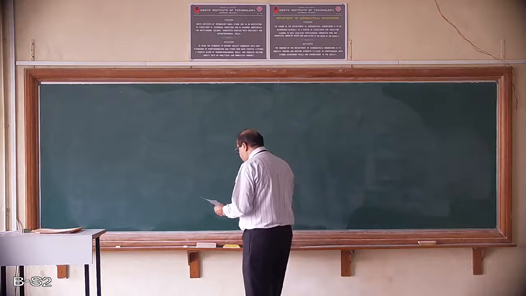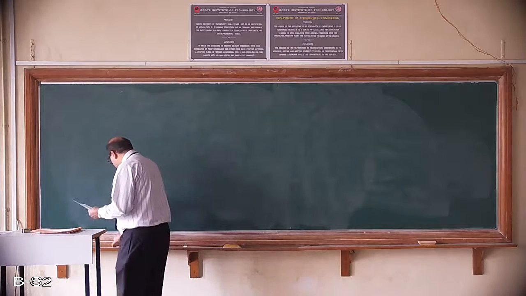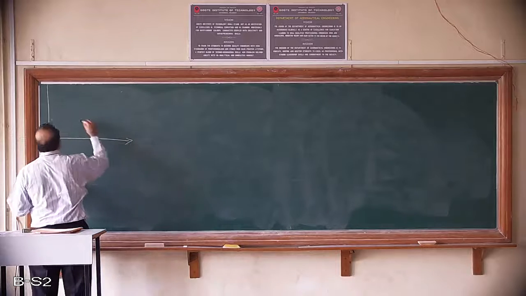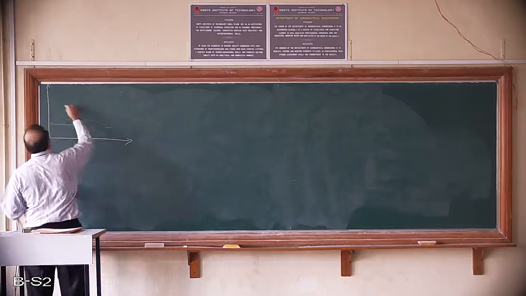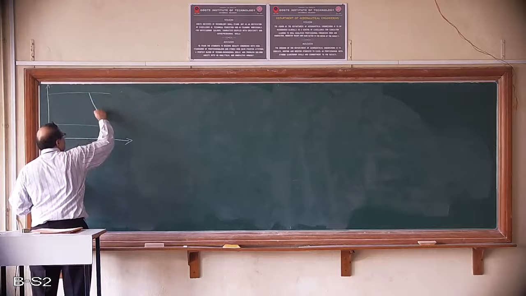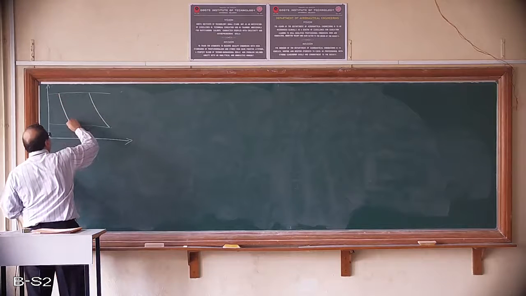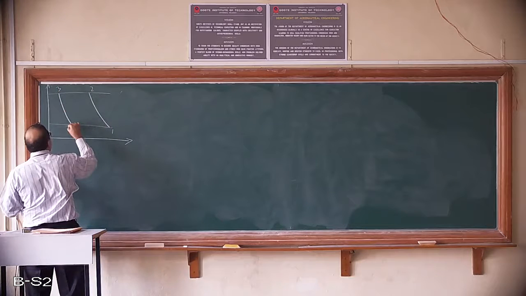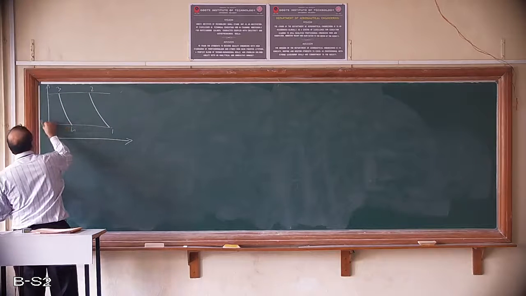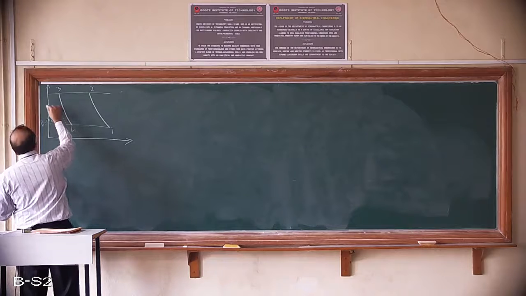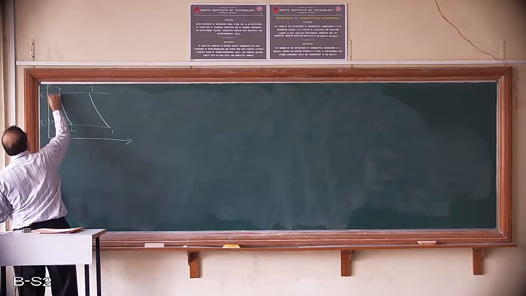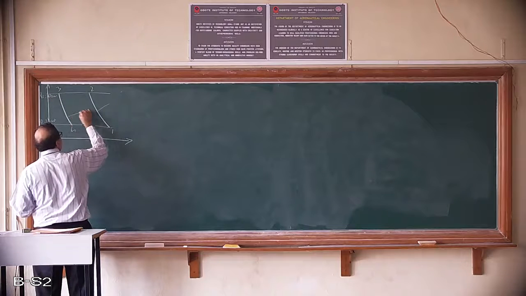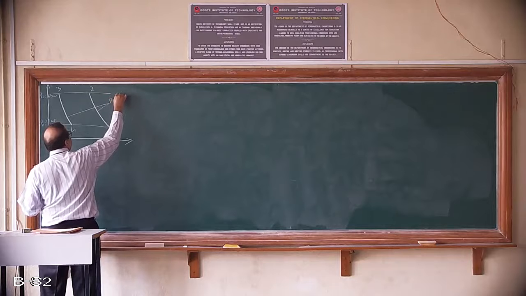So, what is given? It is a single stage air compressor. P1 is 1 bar, P2 is 6 bar. This is PV to the power 1.3 equal to constant.